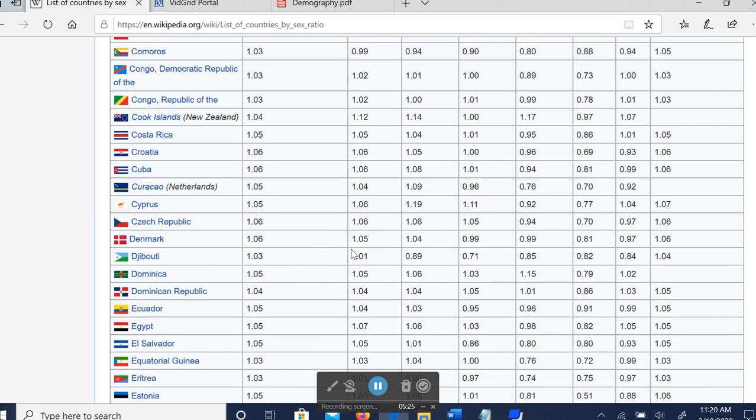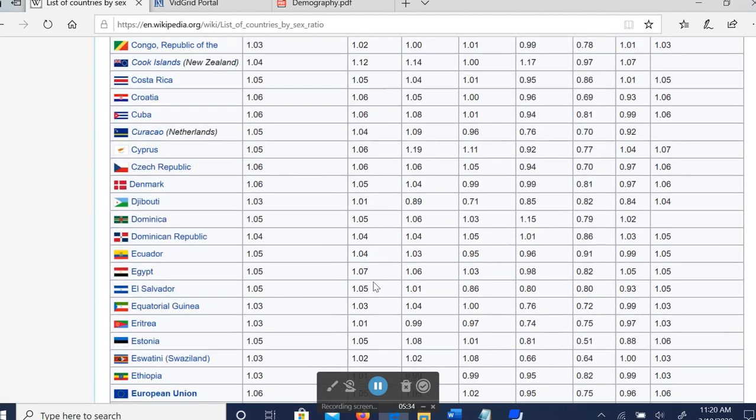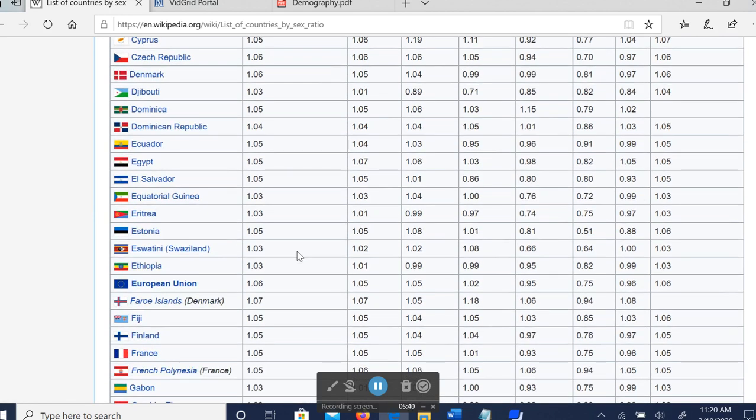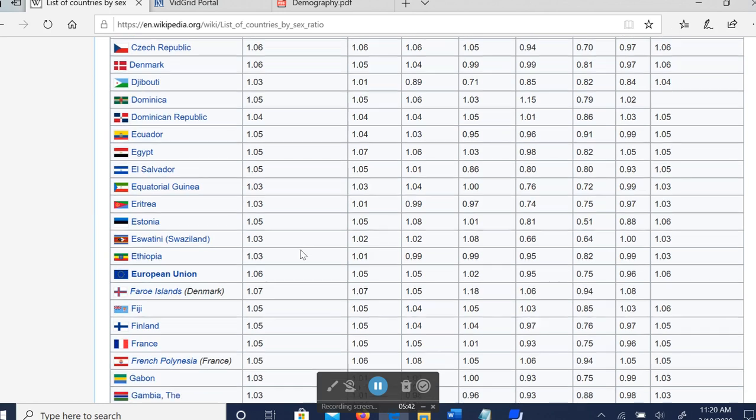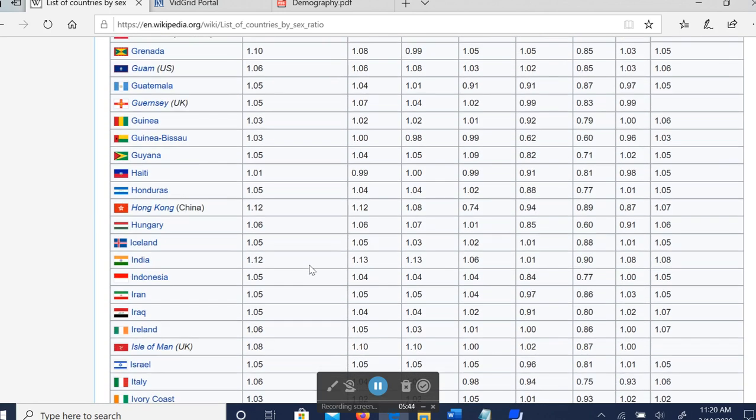And some countries in Latin America. They have slightly more men than women. And look at India.